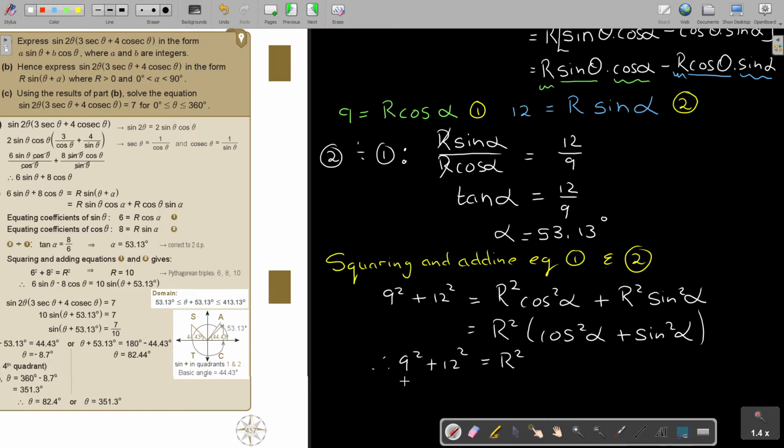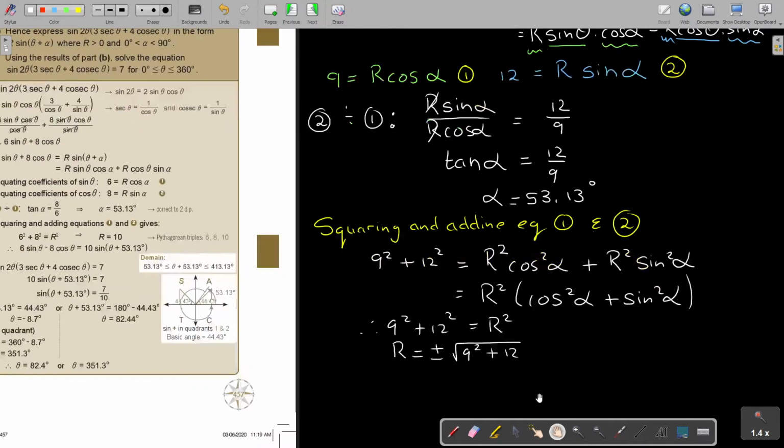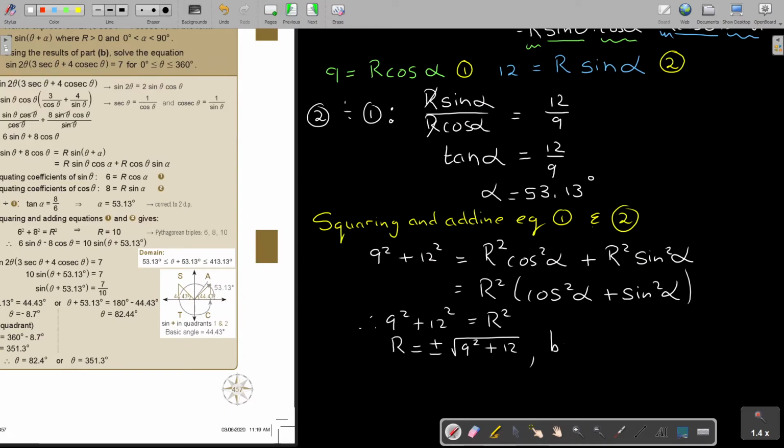So actually it is R equals plus minus the square root of 9 squared plus 12 squared, but R is bigger than 0, so therefore R is positive. And I'm doing it long just for the first one.